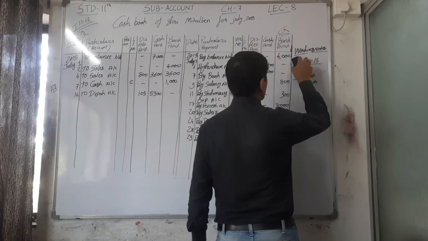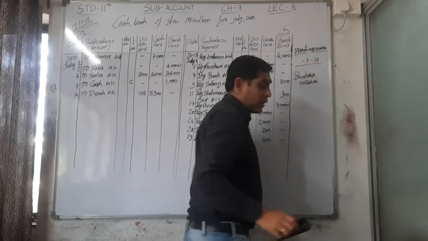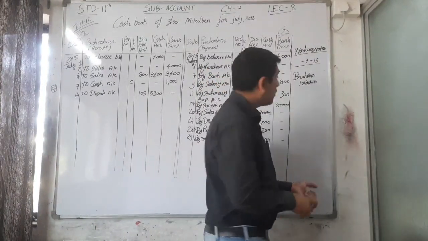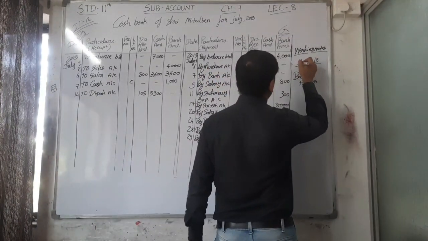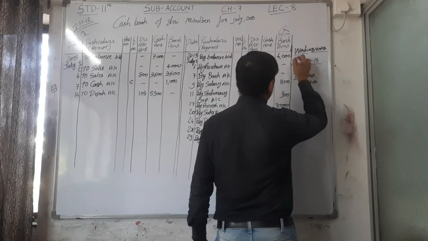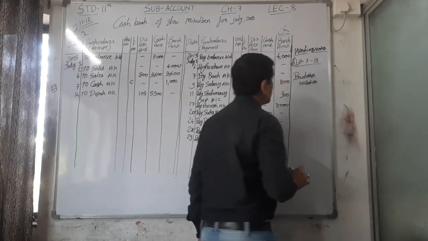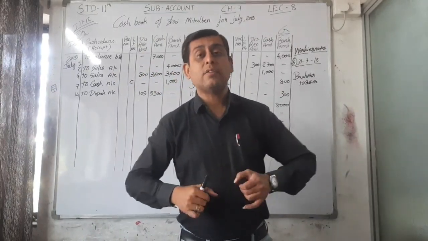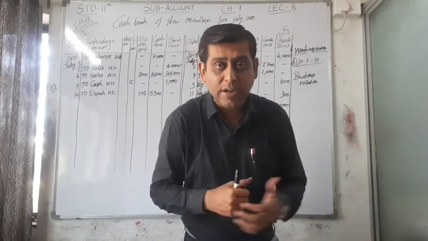So here the contra entry is on the 31st July. Whenever we deposit any amount into the bank, the entry is bank account debit to cash account.